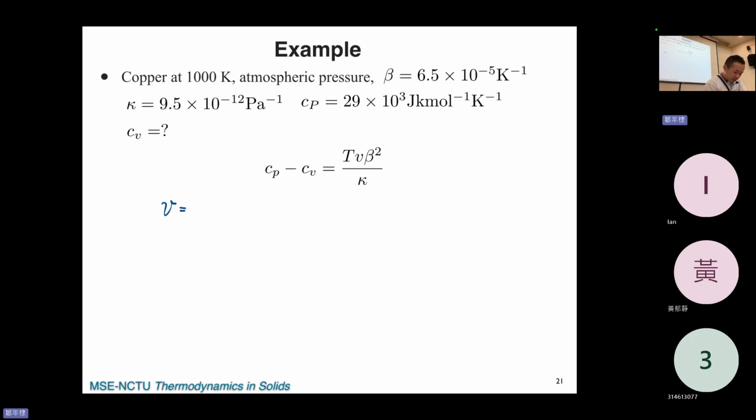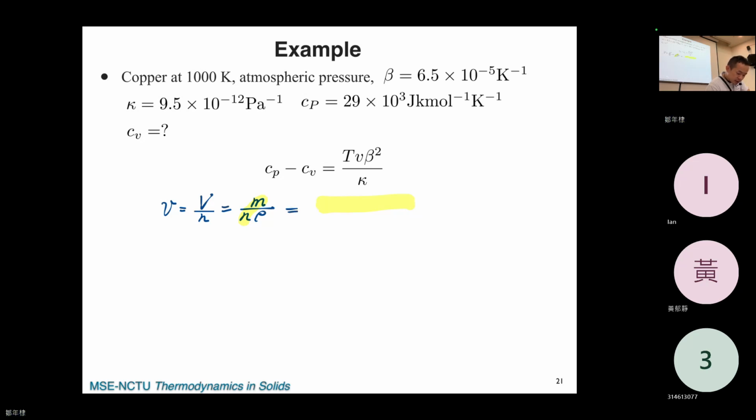v equals capital V divided by N. Okay, and v is M divided by rho, where M divided by rho is the density. N can be rewritten in the next one.